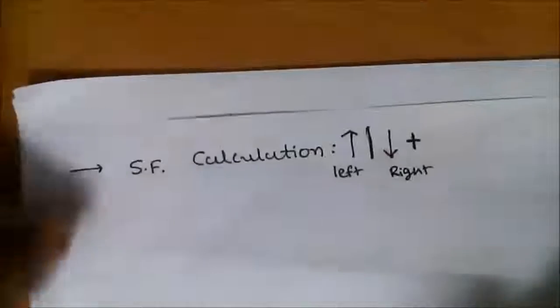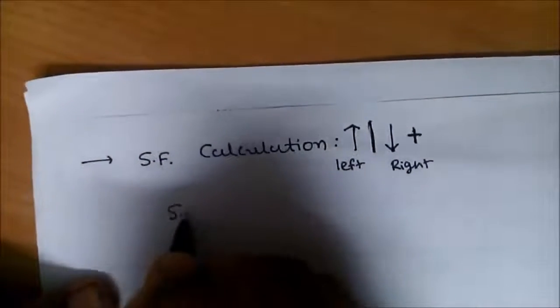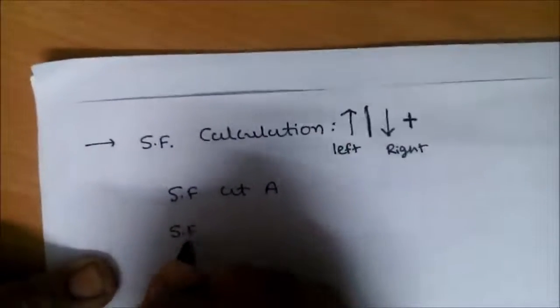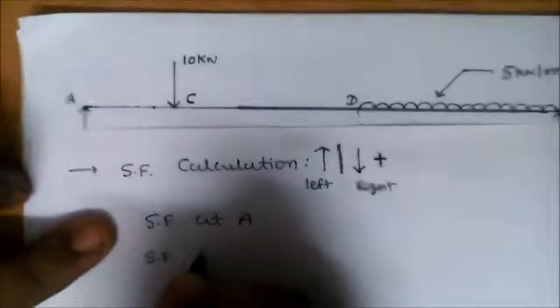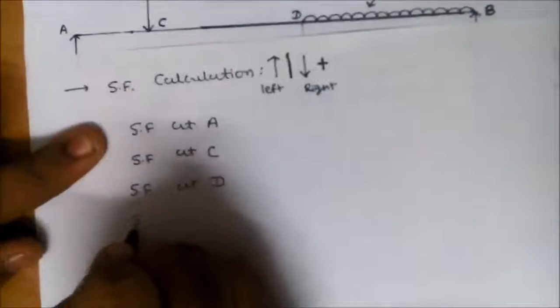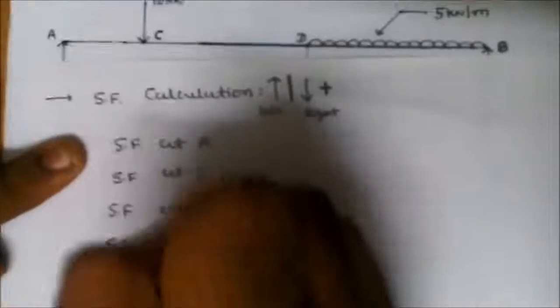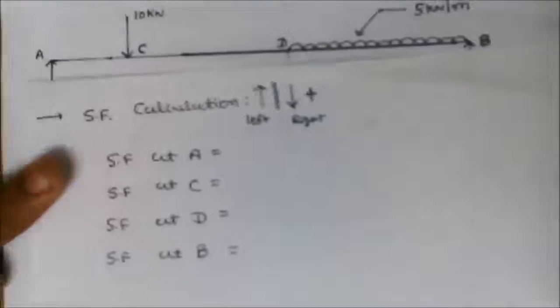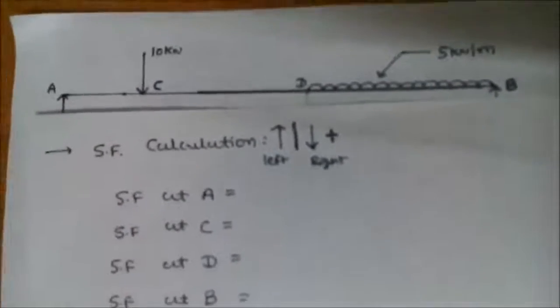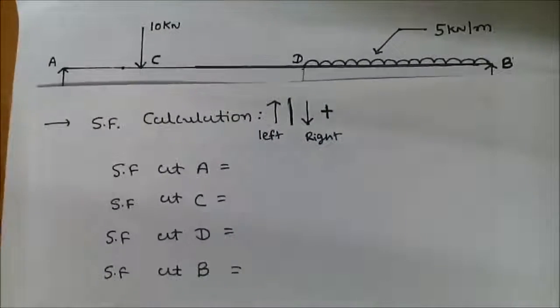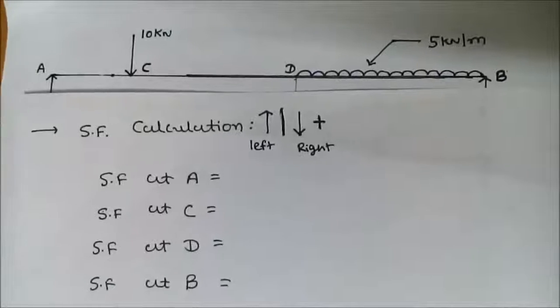So here we write shear force at A, then shear force at C, then shear force at D, then shear force at B. So shear force at A. So we start from left side, then upward force plus and downward force minus.